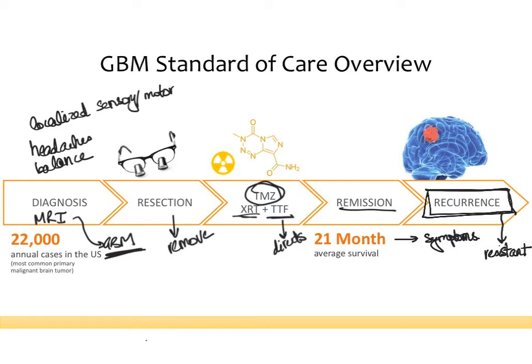So 21 months is the current average survival for a patient who is diagnosed with GBM after diagnosis. This disease carries a 100% recurrence rate and a 100% fatality rate. And that is why our research is so important. And that is why we really want to try to find ways to make this outcome better for patients.